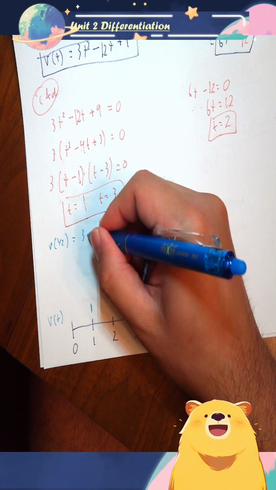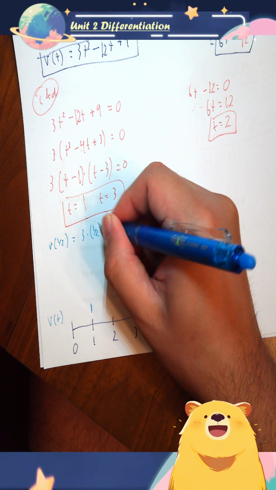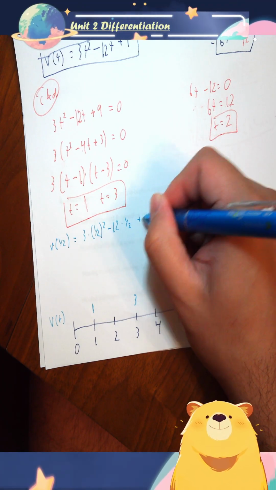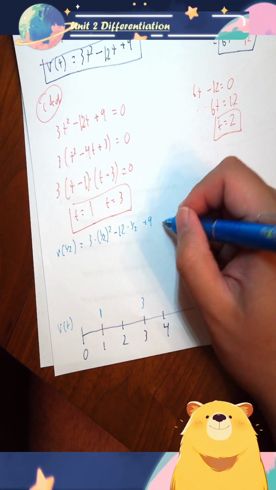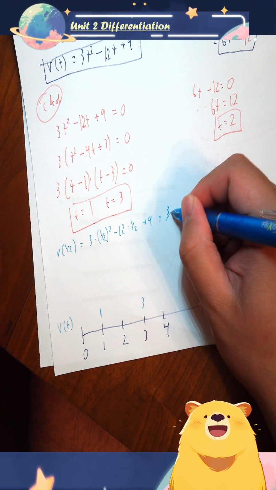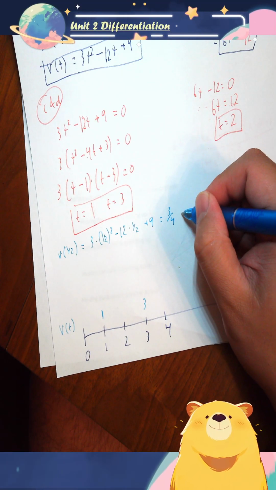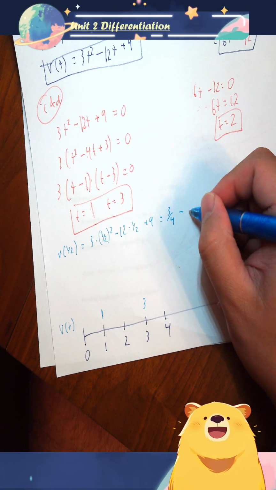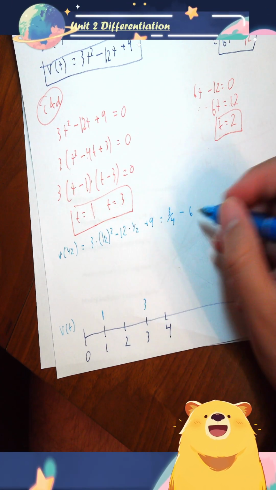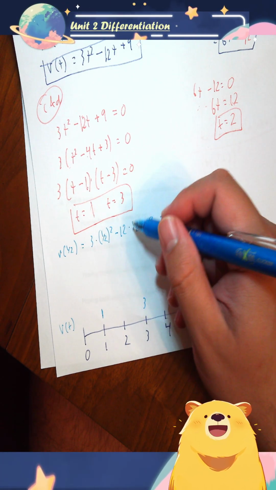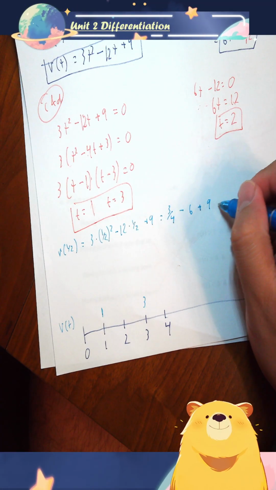I get 3 times 1/2 squared minus 12 times 1/2 plus 9. That's going to be 3 over 4, because that becomes 1/4, minus 6, since that just works right away, and then plus 9.